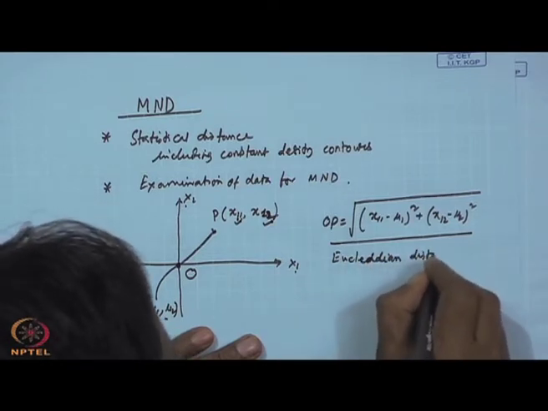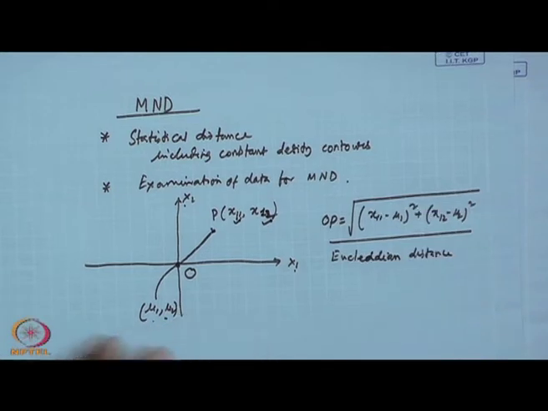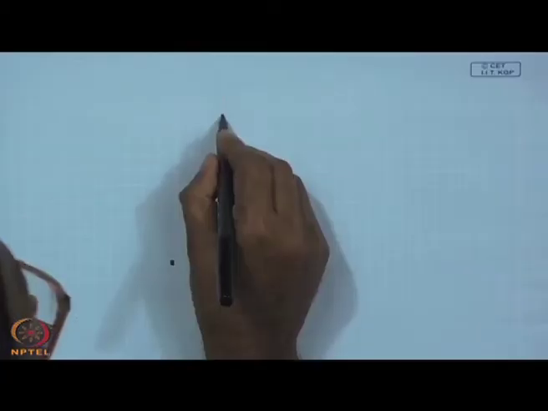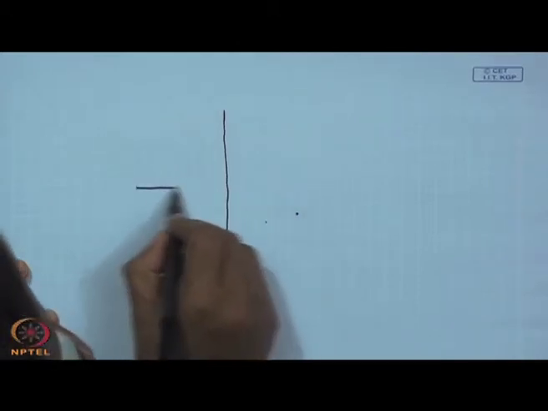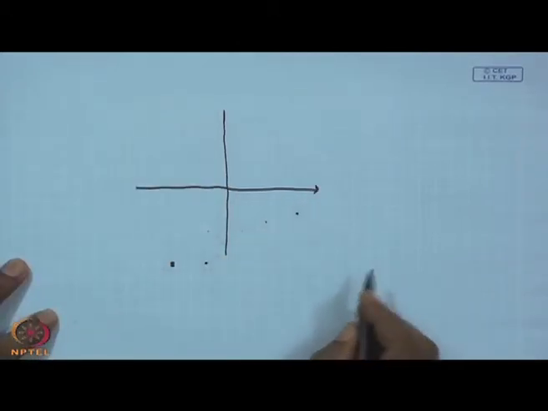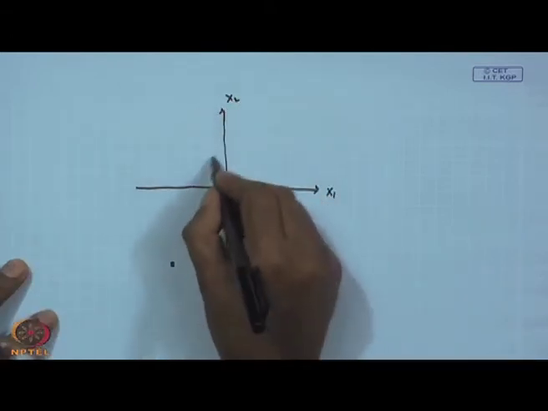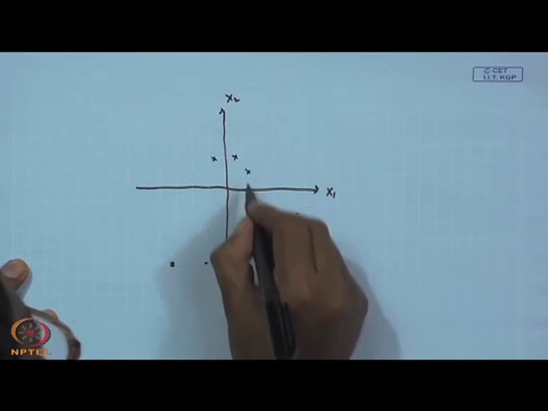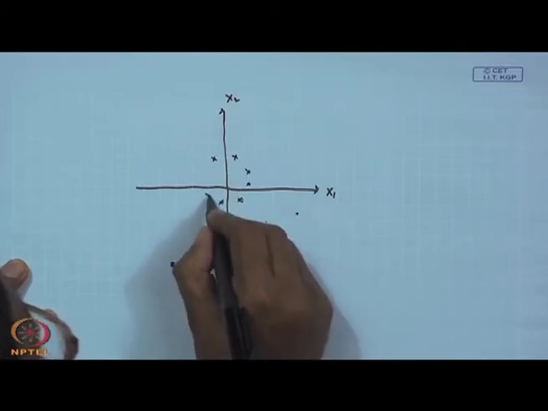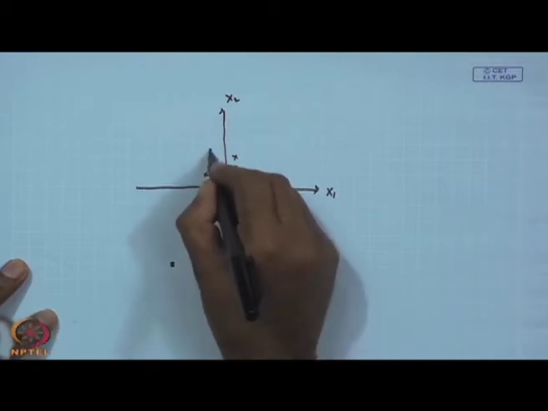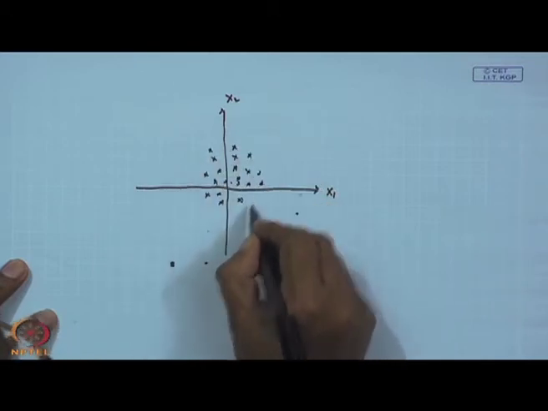Now, let us see that we have several points scattered on a bivariate plot of x1 and x2 in such a manner that it resembles a figure like this.